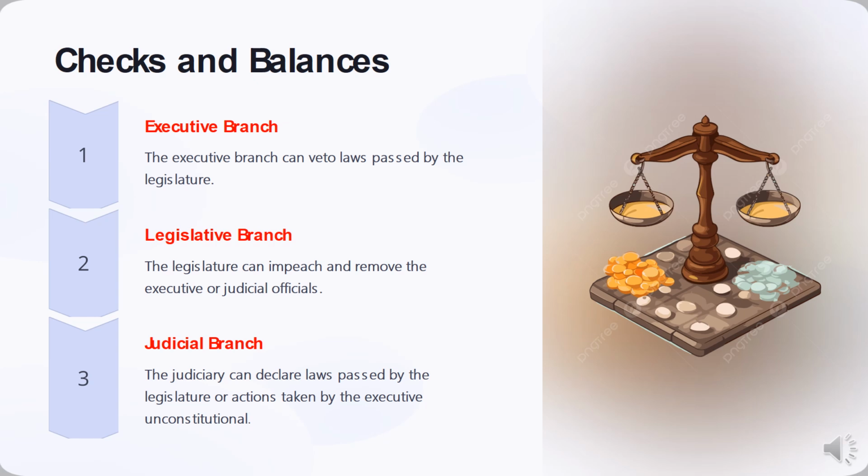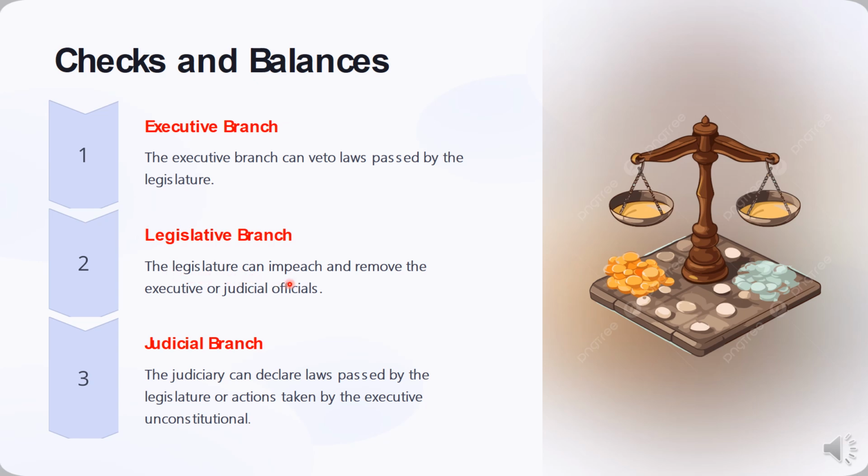Checks and balances. The system of checks and balances ensures that no one branch of government has too much power. The executive branch can veto laws passed by the legislative branch and appoint judges and executive officials.